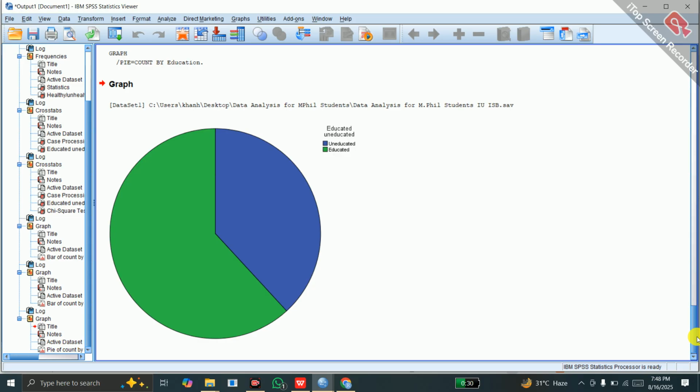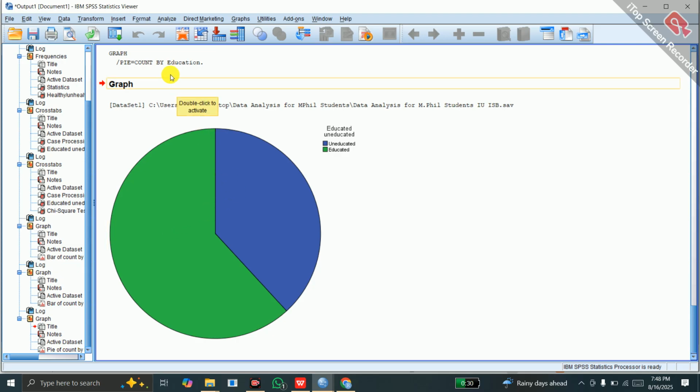There are two slices. This blue one shows the uneducated, and this shows the proportion of educated. So the total number of uneducated is 42, and the total number of educated is 68.